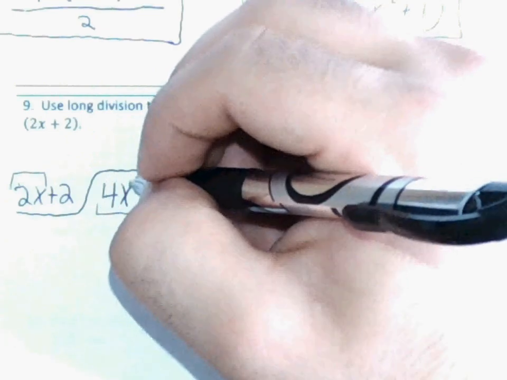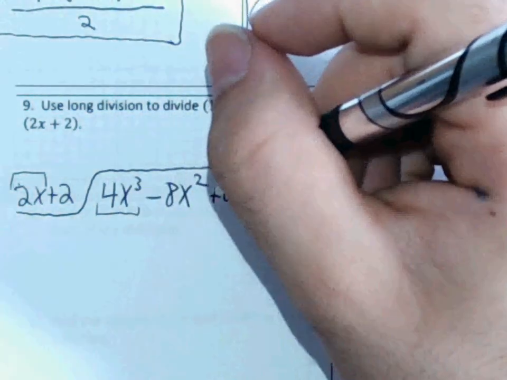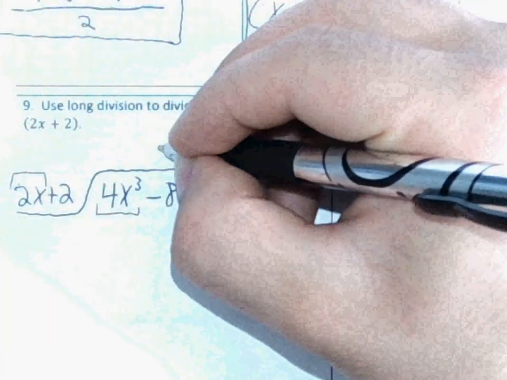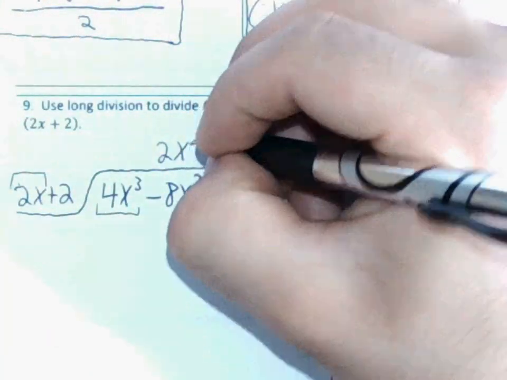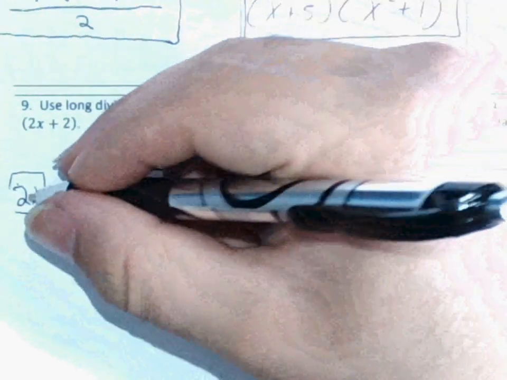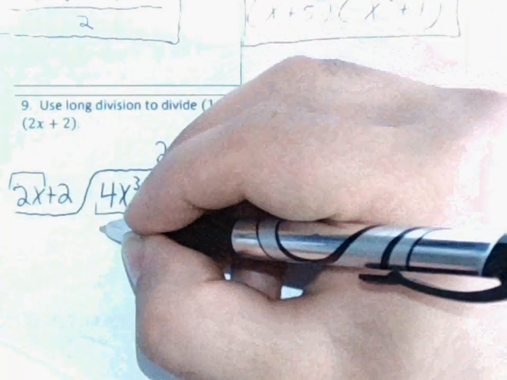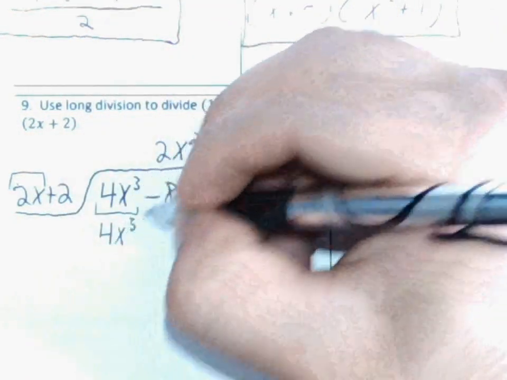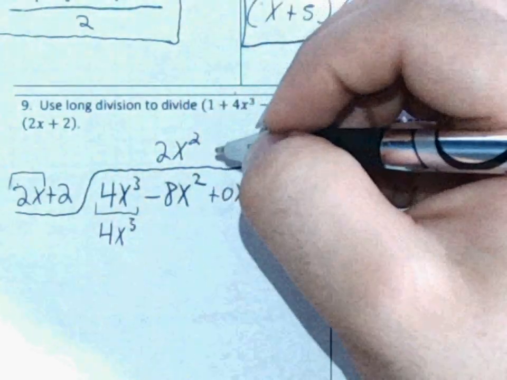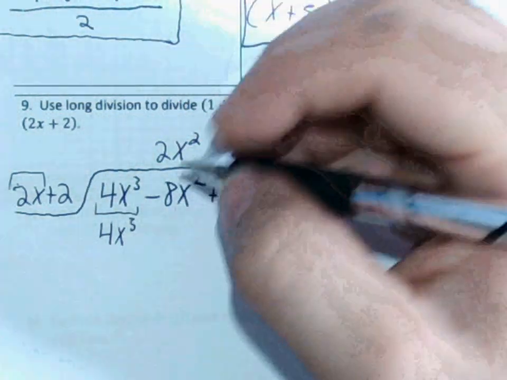So 4x cubed divided by 2x is going to be 2x squared. So now that I have my term at top, I have to multiply it through. 2x squared times 2x is 4x cubed, and 2x squared times 2 is 4x squared.